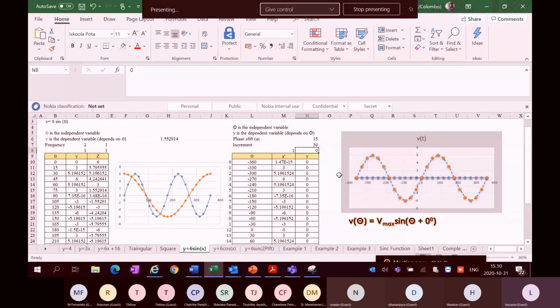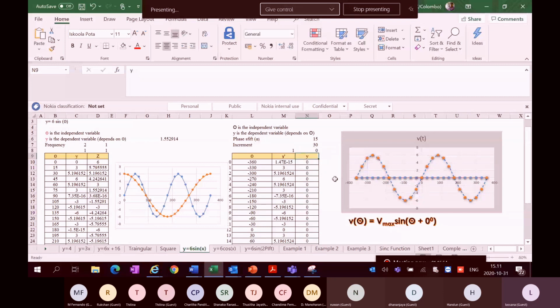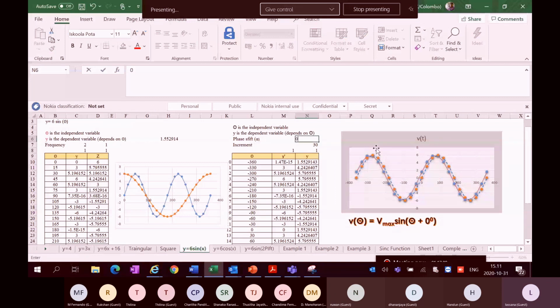If I put zero phase angle, both graphs should coincide, because this dotted line graph is a sine signal that has zero phase angle. In the same way, if I put zero phase angle for this signal, then the dotted line signal and the solid line signal should come together on top of each other, or coincide.